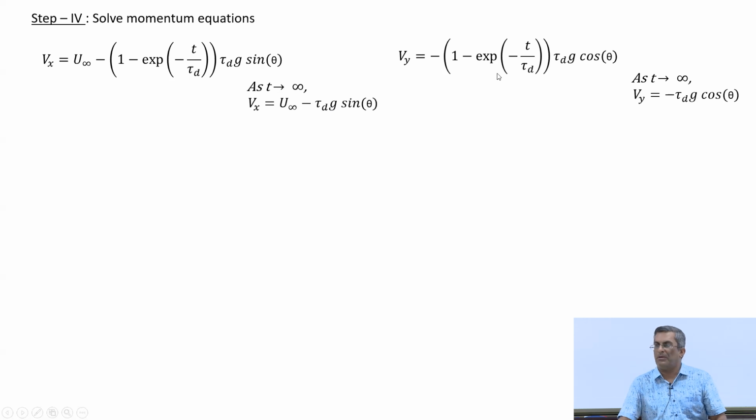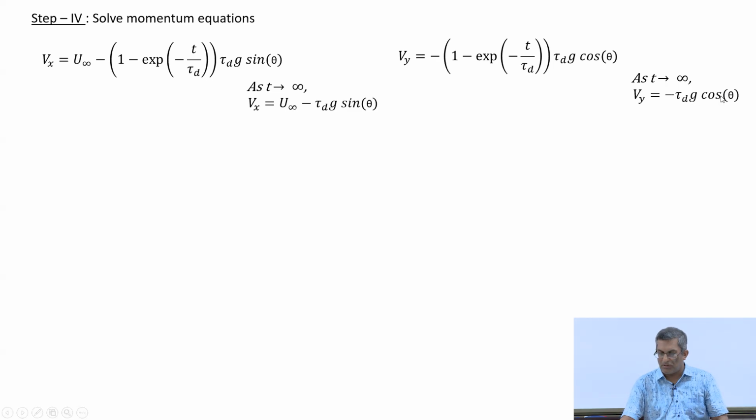Similarly, for the y momentum equation, solving the y momentum equation, we get the expression for the component of velocity in the y direction. In this case, if we put the same condition, we get Vy is equal to minus particle relaxation time times the acceleration due to gravity times cos theta.